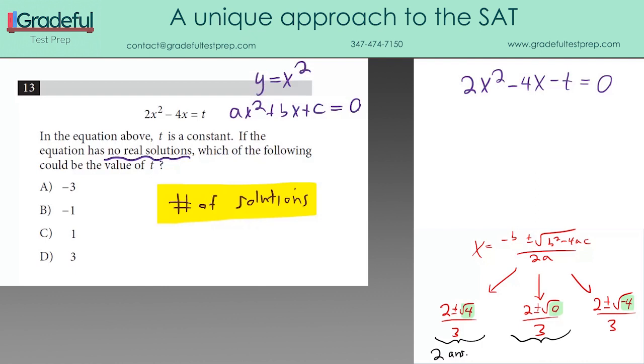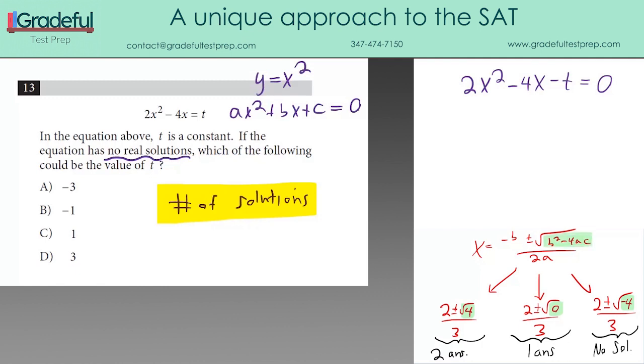So the answer would just be 2 over 3, and there would be 1 answer. And here, you have a negative sign under the radical. And a negative under the radical is not allowed in the world of math, so that's 0 answers, or the famous no solution. So the thing under the radical, that's the b squared minus 4ac.